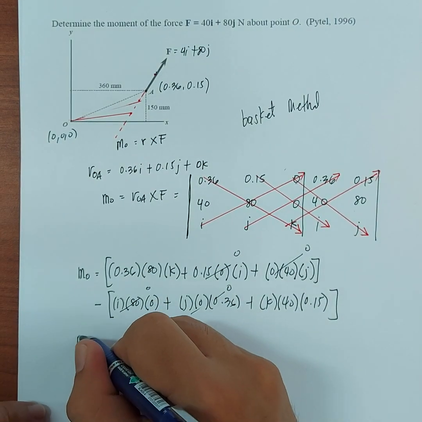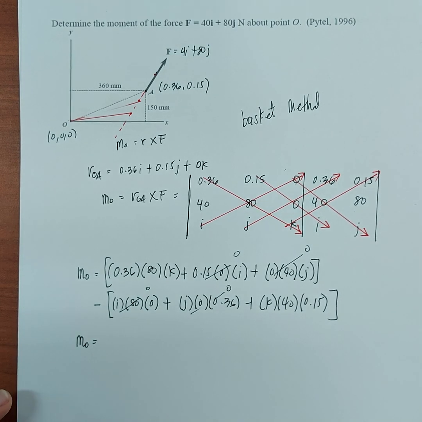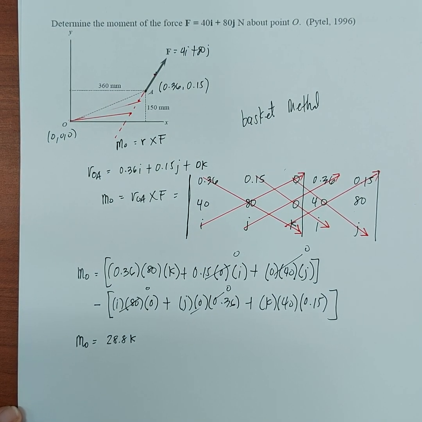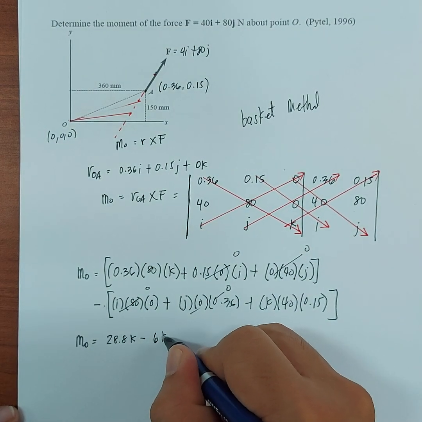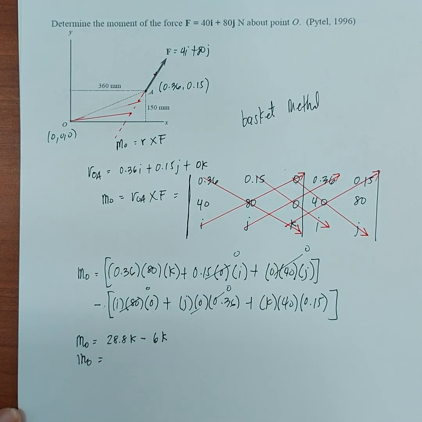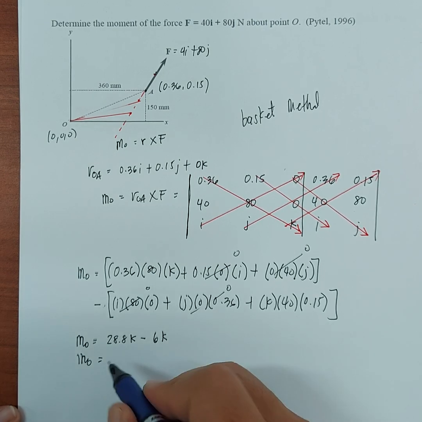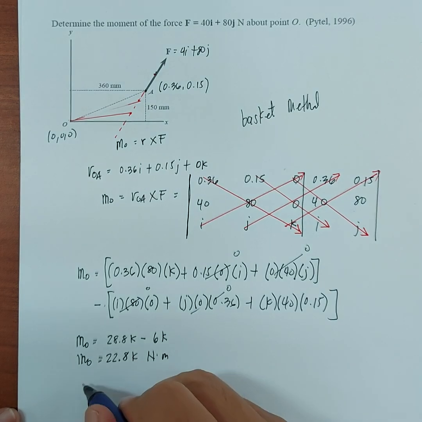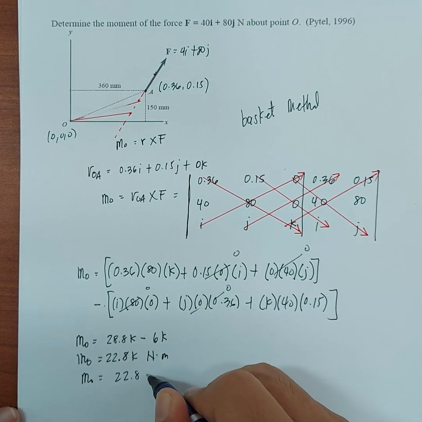So, MO is equal to, let me get my calculator, 0.36 times 80, that is 28.8 K. Minus, since it's subtractive, we have 40 times 0.15, that is 6 K. So our moment about O is 28.8 minus 6, that is 22.8 K Newton meter, or 22.8 Newton meter.